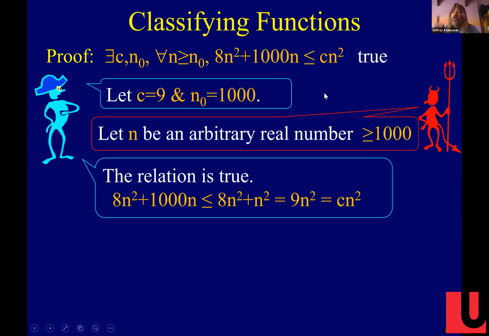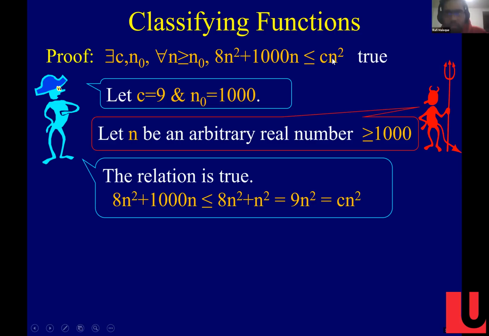I want to prove to my boss that my algorithm runs in what we call order n squared. What does that mean? It means for sufficiently large n. I'm not claiming anything when n is really, really little. Suppose n is only 1, then c times 1 squared isn't much time.